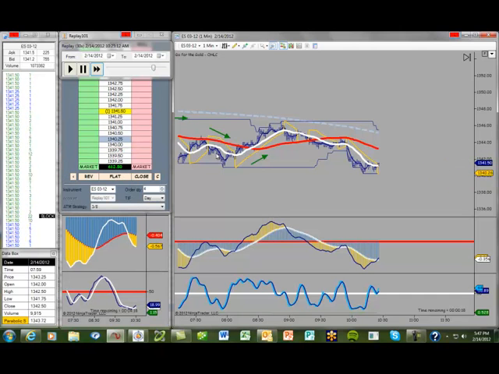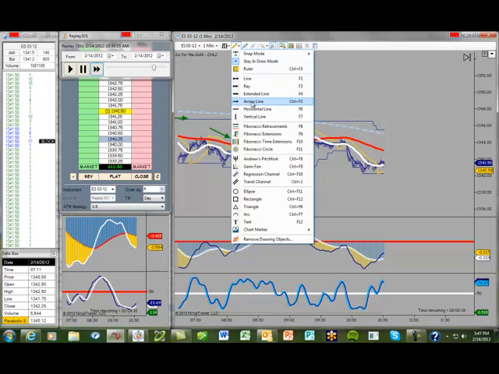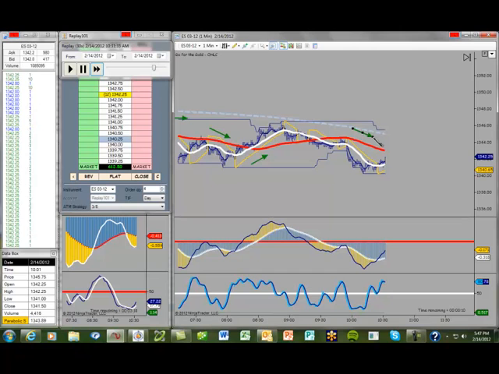Well, we would have been stopped out there when the parabolic flipped, so I closed that trade manually. And I've been a little remiss in drawing my arrows here. There we go.